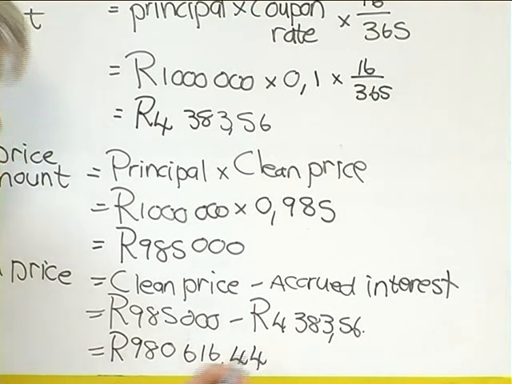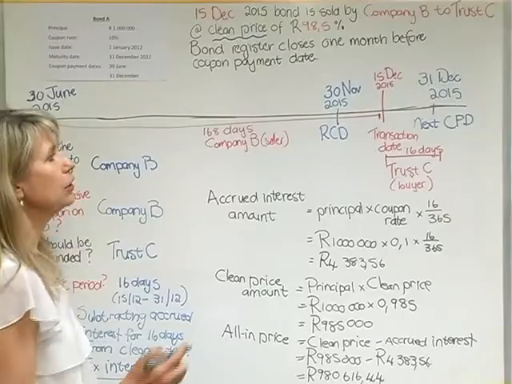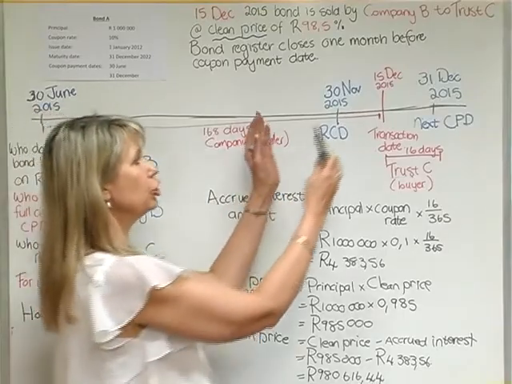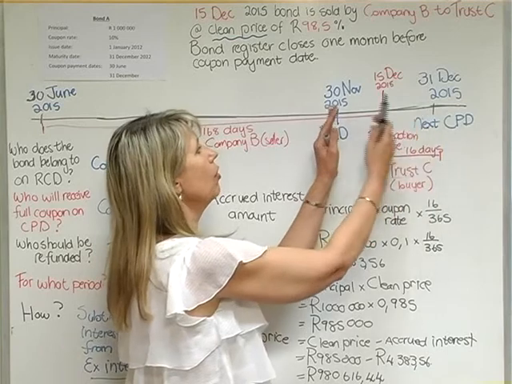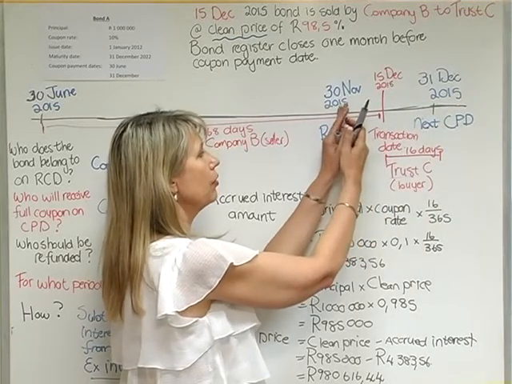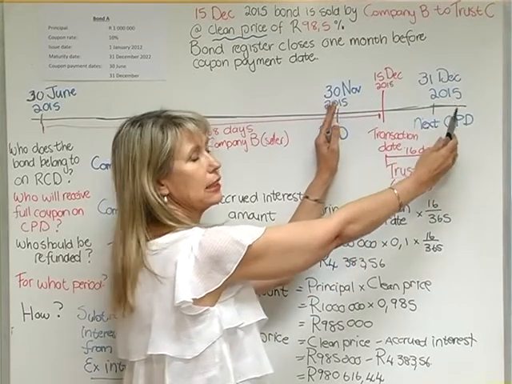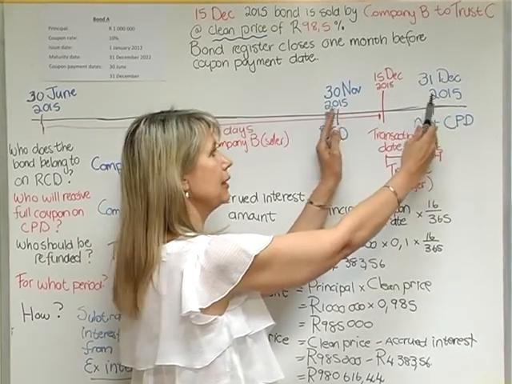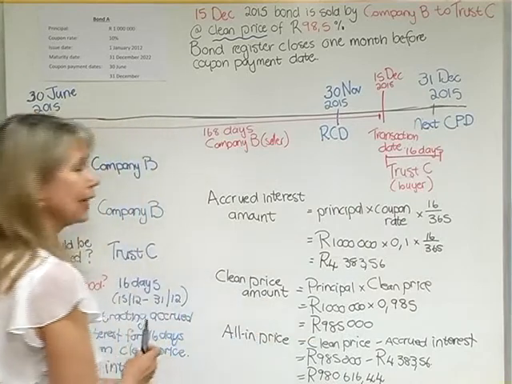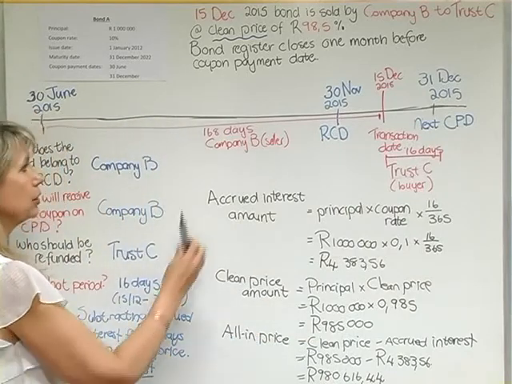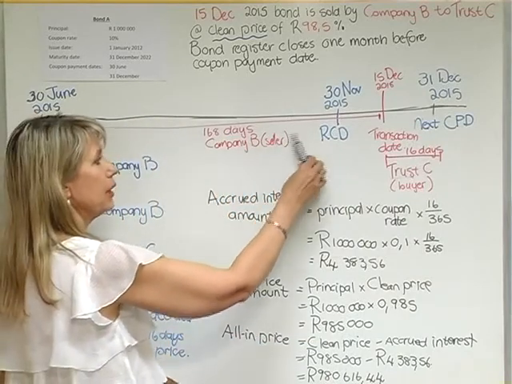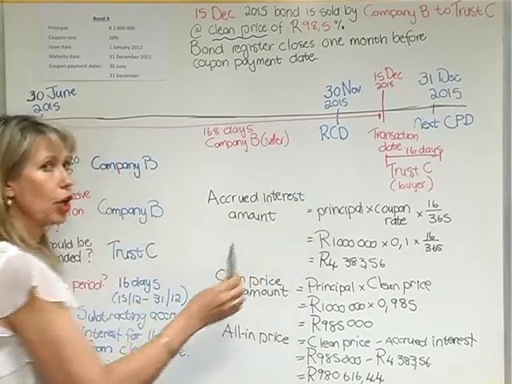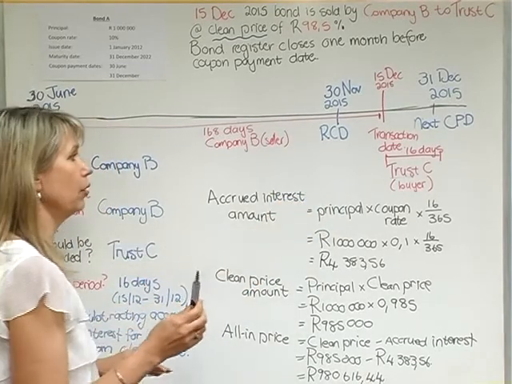So to summarize, this bond trades in the short period from the register closing date until the next coupon payment date. Because it trades in that period, it trades X interest, because company B, the seller, is still going to receive the full coupon.